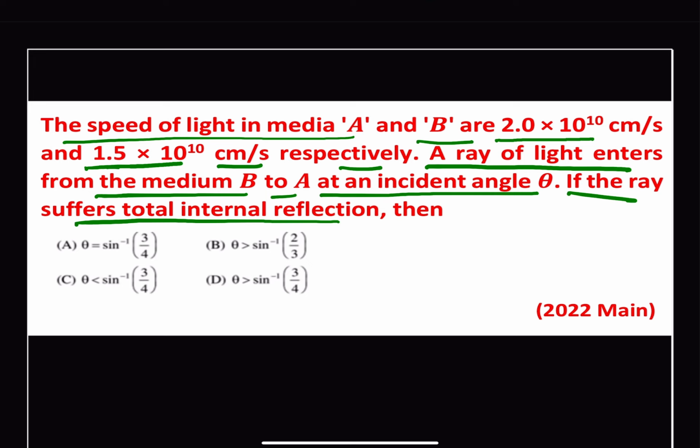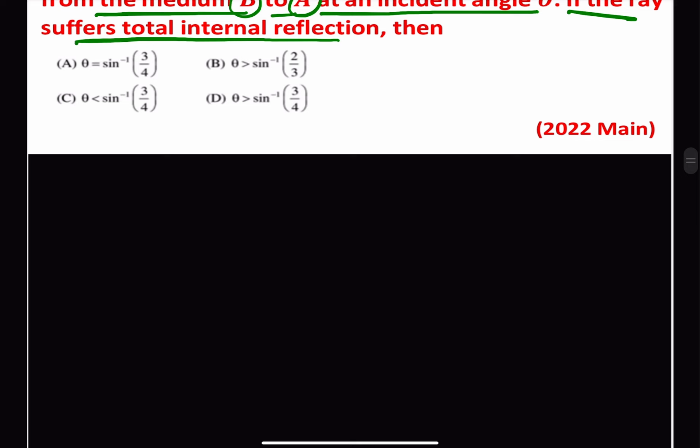Here we are not given the refractive indexes, but we are given the speed of light in both media A as well as media B. And it says that light enters from media B to media A. So we can draw an approximate figure for that.